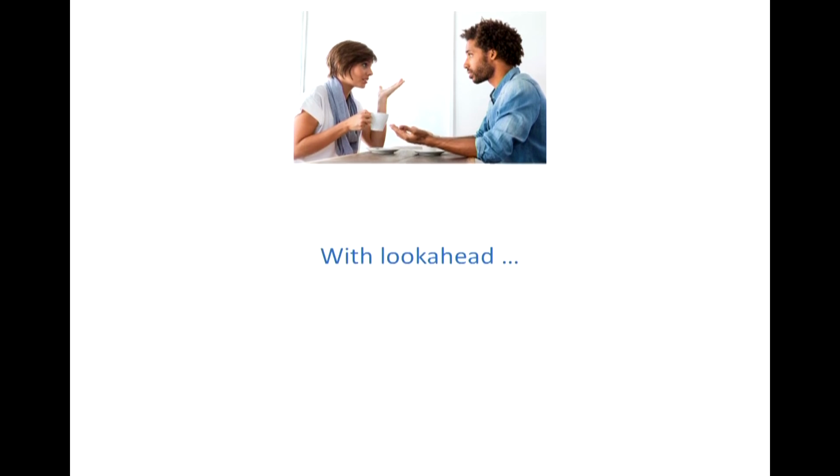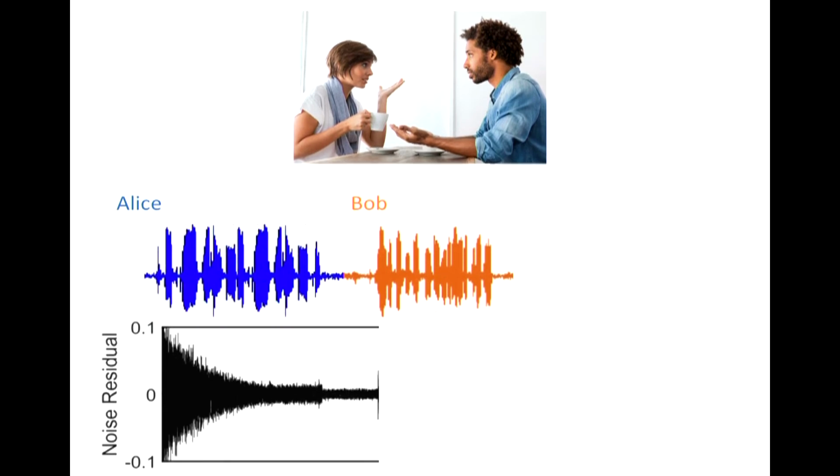What we can do with the lookahead is that we know what sound is coming even before it actually arrives. As a result, we can store different filters in our cache, and when we foresee that Bob's sound is going to come very soon, we can prefetch the filter from the cache and load it on the ear device, and when Bob's sound actually comes, we're ready to cancel it.